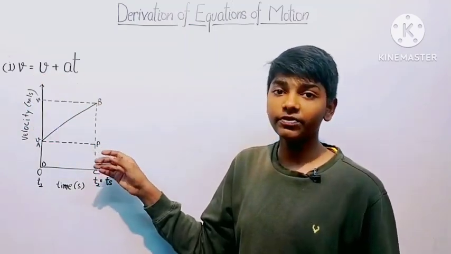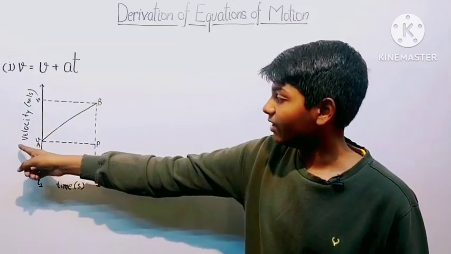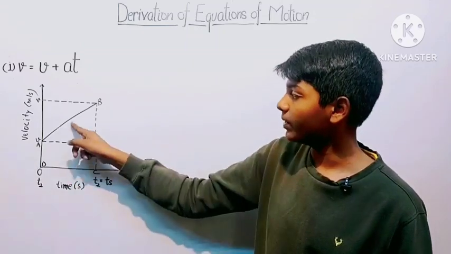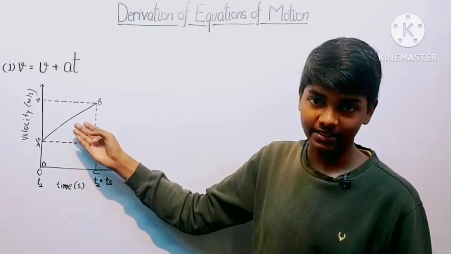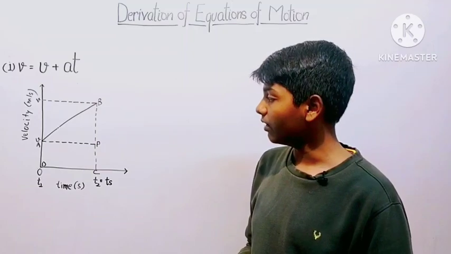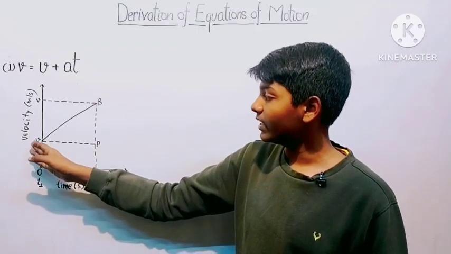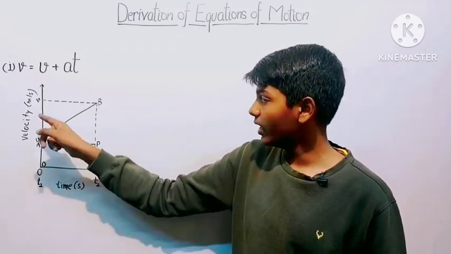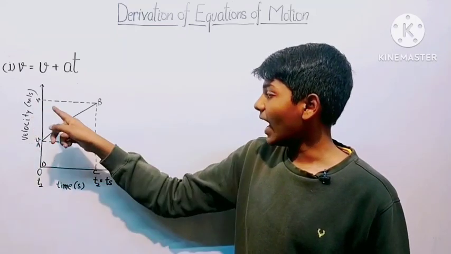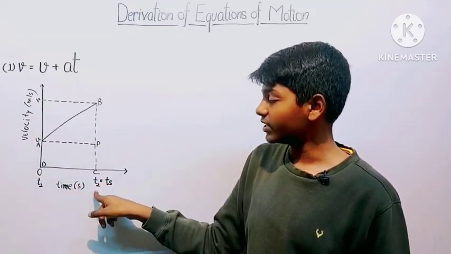So in the previous video we stated that in a velocity time graph the slope represents acceleration, so this slope is acceleration. So now we said that it is moving with initial velocity u at time 0 and final velocity v at time t seconds, which is equal to t2.